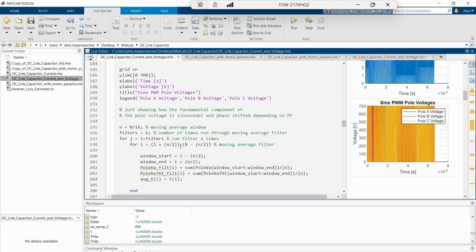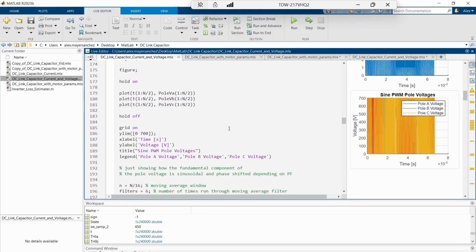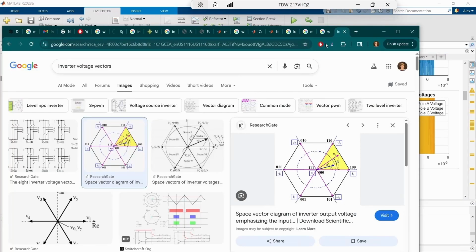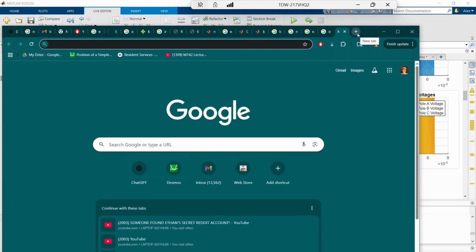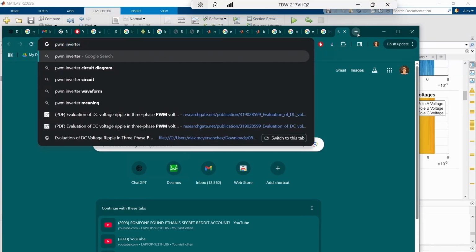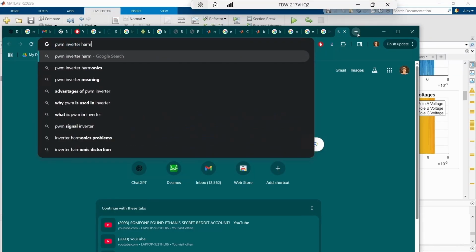But because of the way PWM works, when you're modulating at the switching frequency, you still have a component of this waveform that is at the fundamental frequency. So let's see, PWM inverter harmonics.